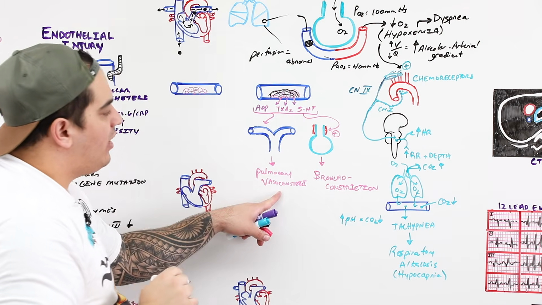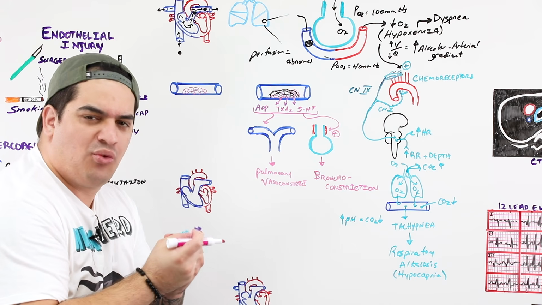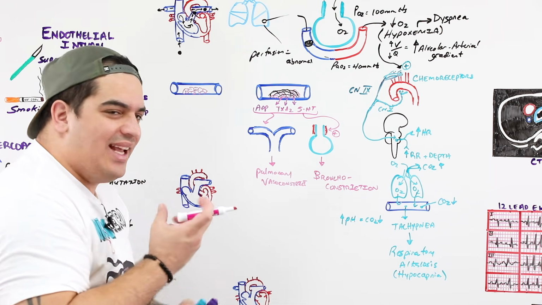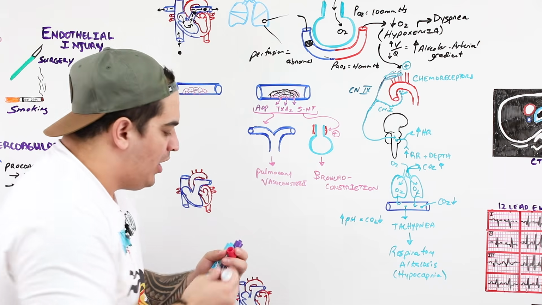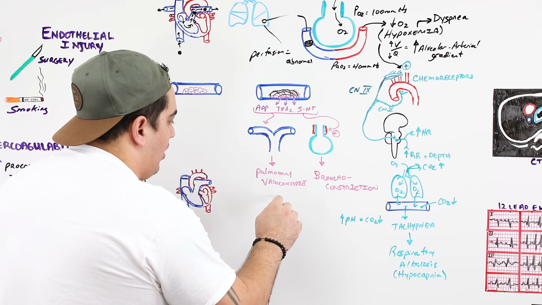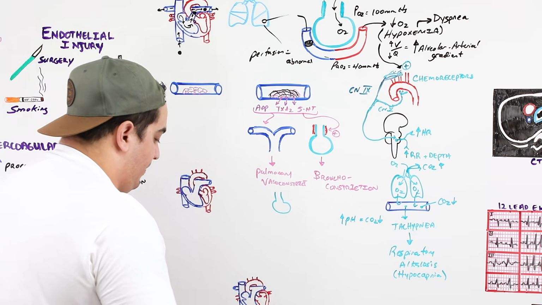And the problem with this is, when you cause this pulmonary vasoconstriction, why are we trying to vasoconstrict these vessels? It's an interesting mechanism. The whole thought behind this is this. Here you have this alveoli that's ventilating properly. It's getting oxygen.